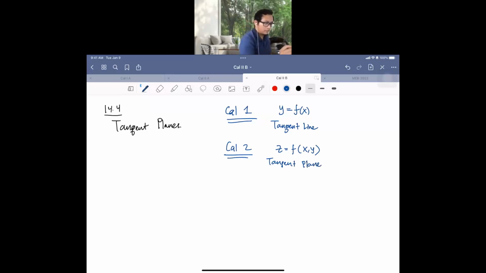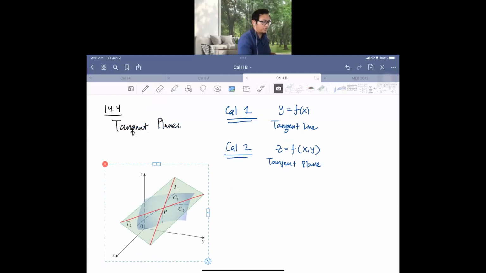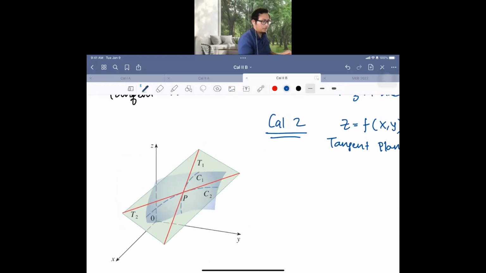If I draw, you can use the same drawing as mentioned before, but if we look here, it's more clear that T1 and T2 make a plane.